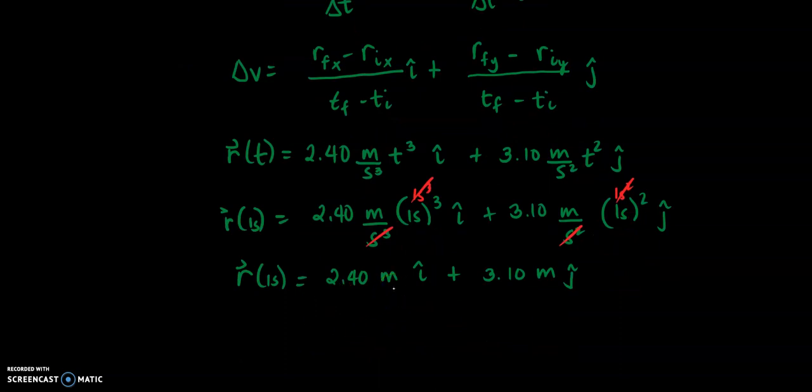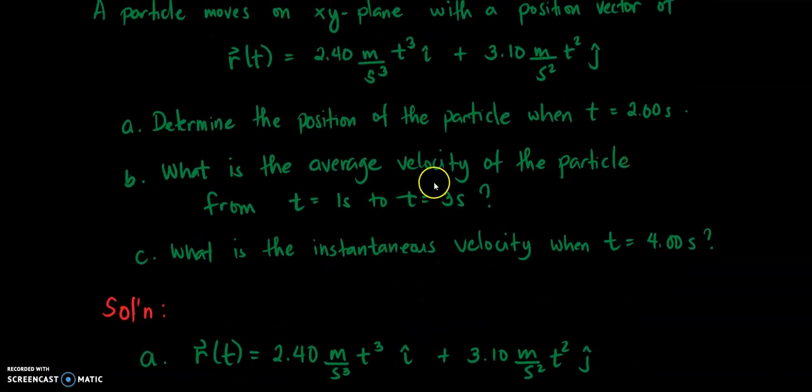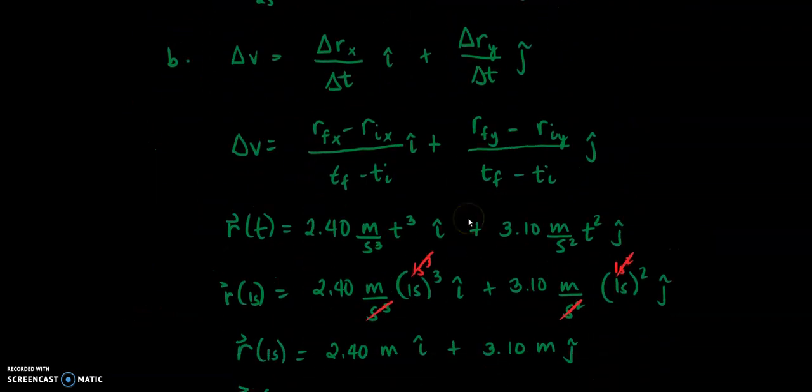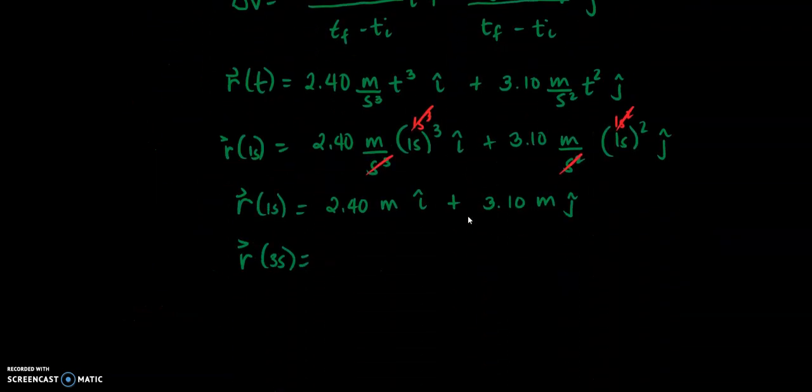Then for when time is 3 seconds, that is r of 3. Let me see the problem again. Yes, the final time is 3 seconds. And that is equal to 2.40 meters per second cubed times 3 seconds cubed, i hat, plus 3.10 meters per second squared times 3 seconds squared, j hat.